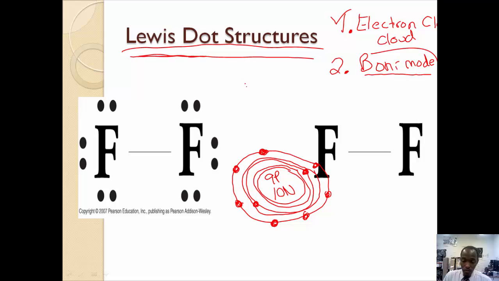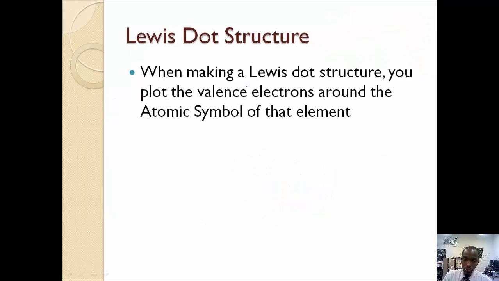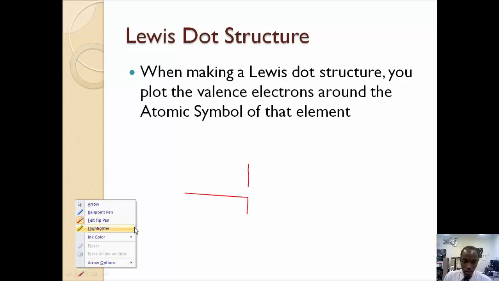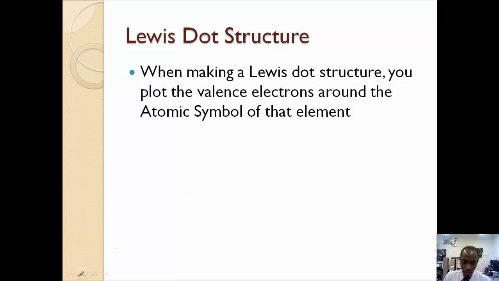So let's look. When making a Lewis dot structure, you plot the valence electrons around the atomic symbol of the element. So for example, when we're working with fluorine, I'm going to make fluorine.